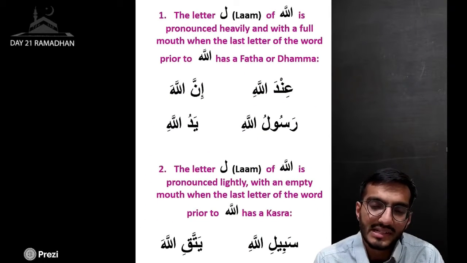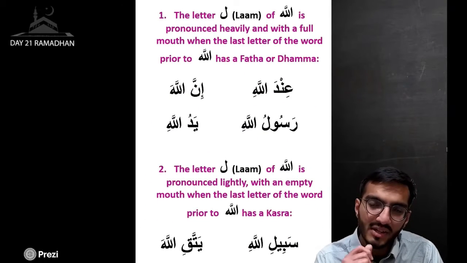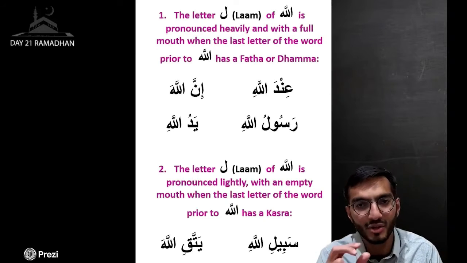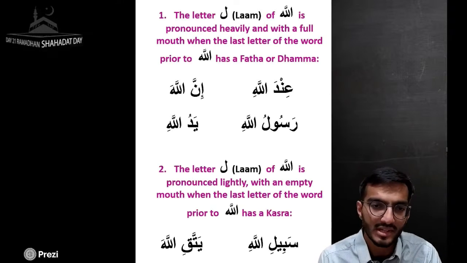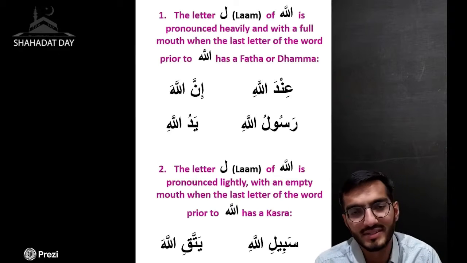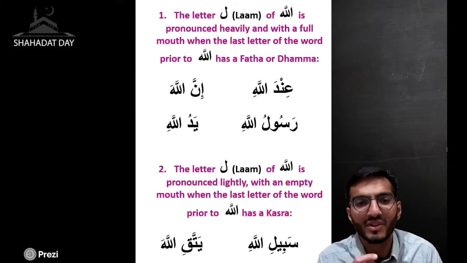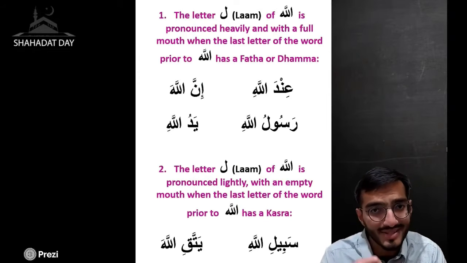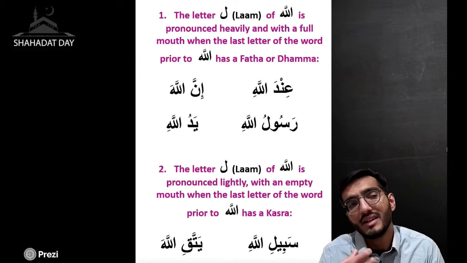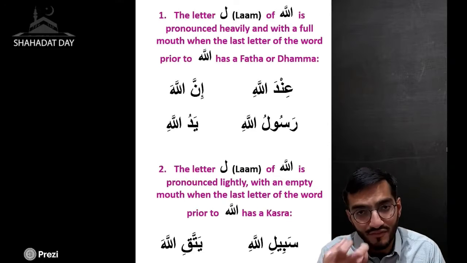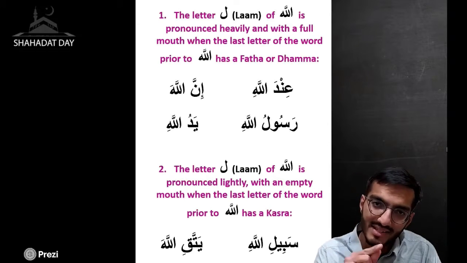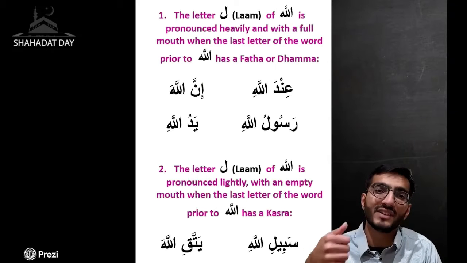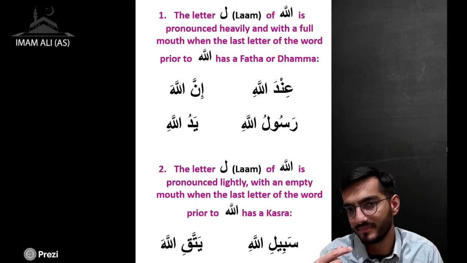Now, the Lam in Allah can be pronounced differently depending on the conditions applied. So the first condition is, the letter Lam of Allah is pronounced heavily, with a full mouth, when the last letter of the word before Allah has a fatha or a dhamma.